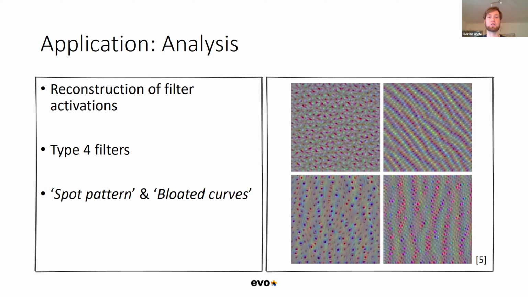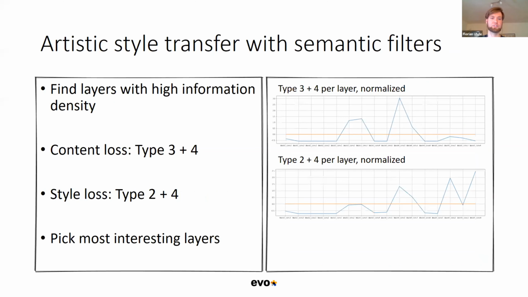And to close the loop, when you want to run artistic style transfer with this, you would take all this information that we just talked about, and then automatically pick the layers that have a high information density.